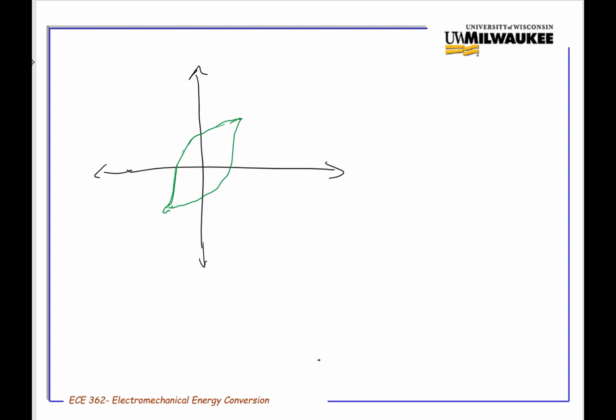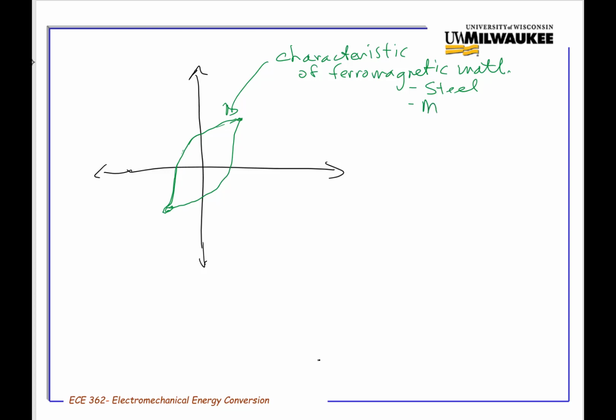That looks like this. And this is a typical characteristic of ferromagnetic material. For example, steel, metglas. These are some of the ferromagnetic materials that you would encounter.